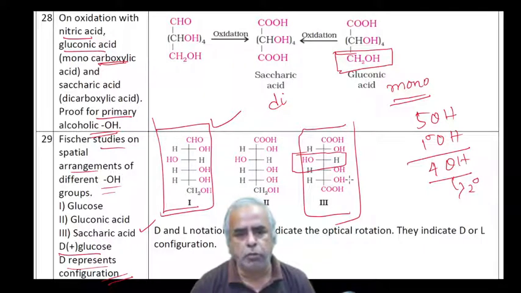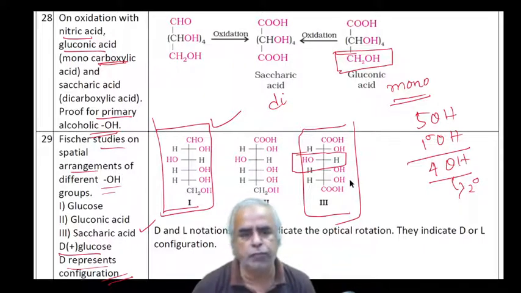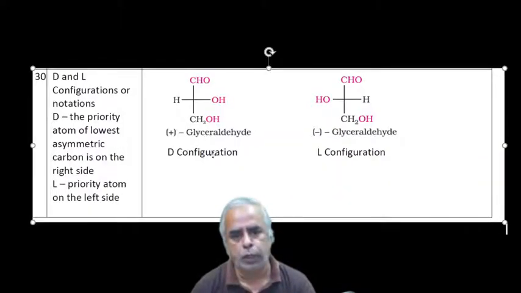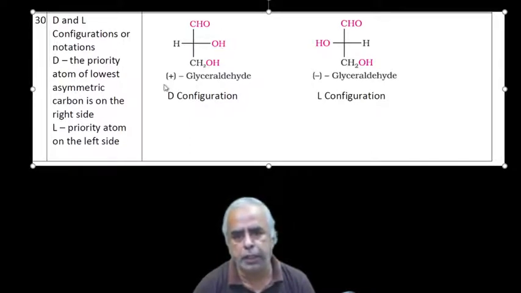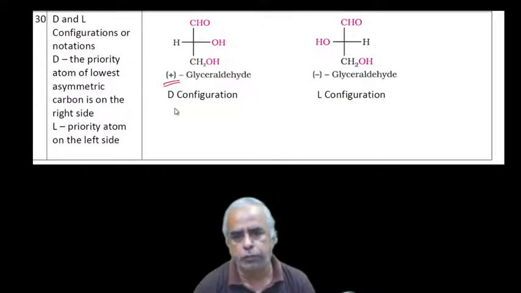Now we have to establish whether it is the D form or the L form, and that has to be ascertained. The DL notation can be represented in this way. Look at this. When I put the OH on the right side, then it is the D plus, D configuration. When it is put on the left side, this is the L configuration.